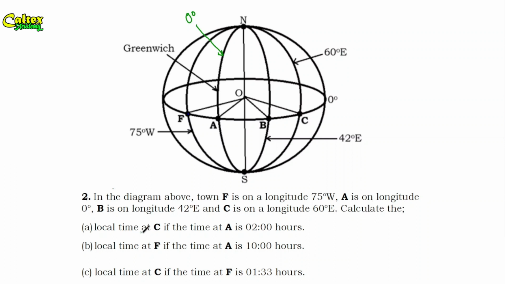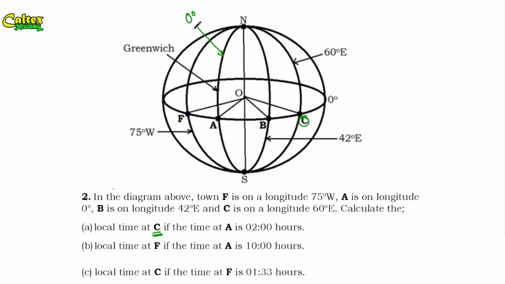Calculate the local time at C if the time at A is 2 hours. So what we're required to calculate is time at C. And where is our C? This one.